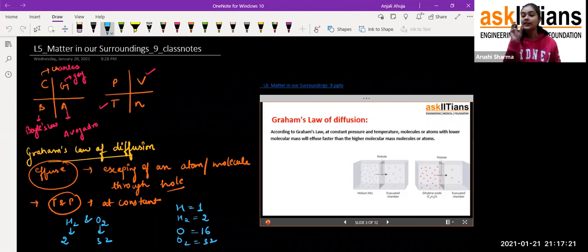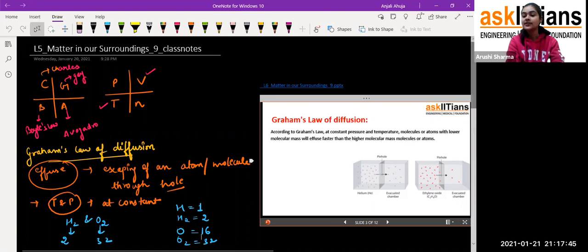The cricket ball will be able to move out through that hole because it has a small size, and the big basketball will not be able to move out easily. So when we have a small size molecule or less molecular mass molecule, it will effuse out faster as compared to a molecule with larger size or large molecular mass. That is Graham's law of diffusion.